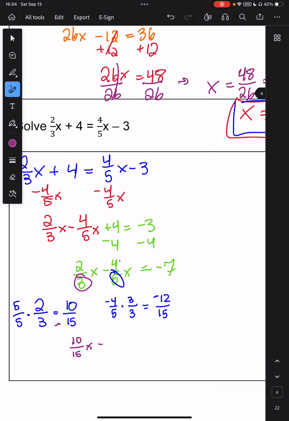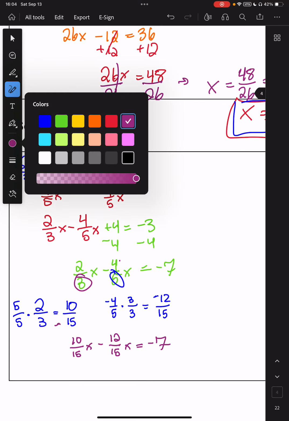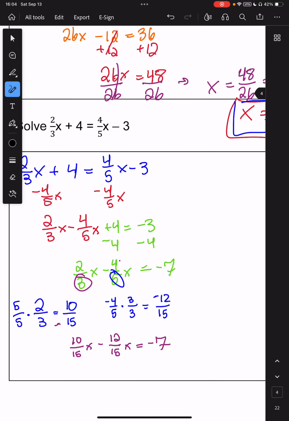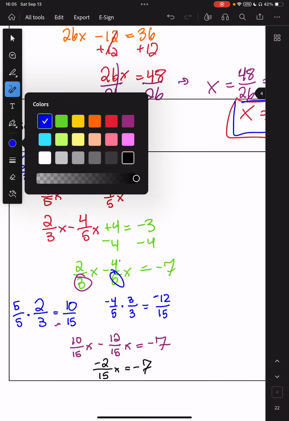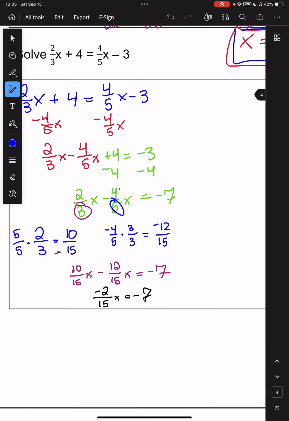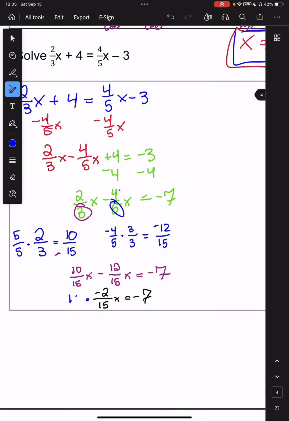And then our negative 4/5 x becomes negative 12 over 15x. And that's all equal to negative 7. So now we can just combine our fractions since they have common denominators. 10x minus 12x becomes negative 2 over 15x is equal to negative 7. And so to get x alone, we just need to multiply both sides by 15.